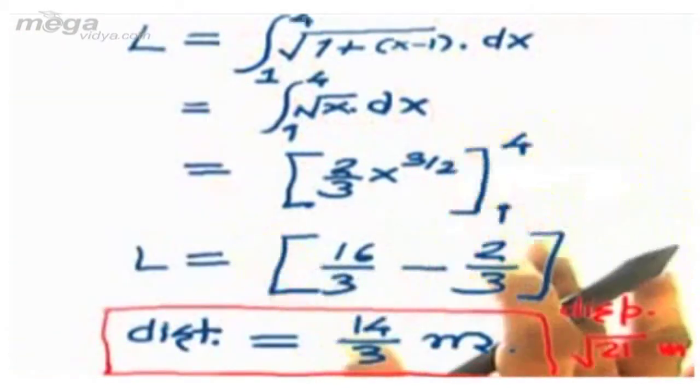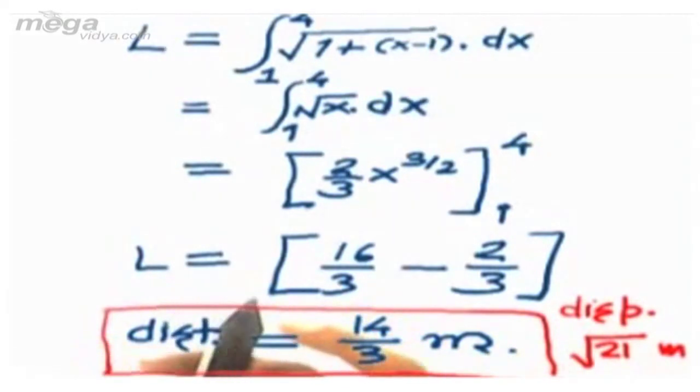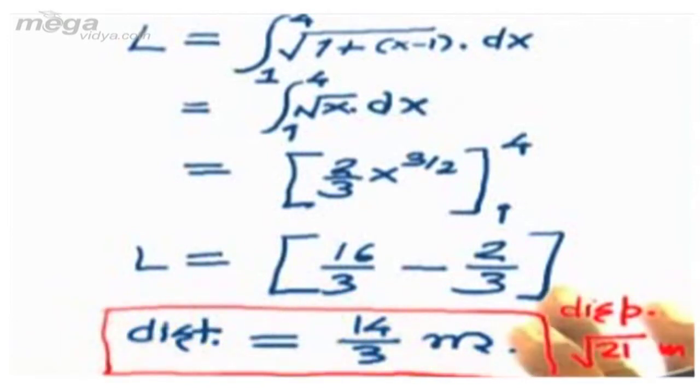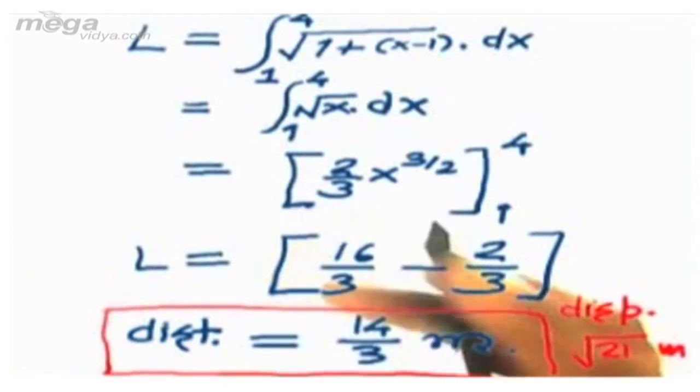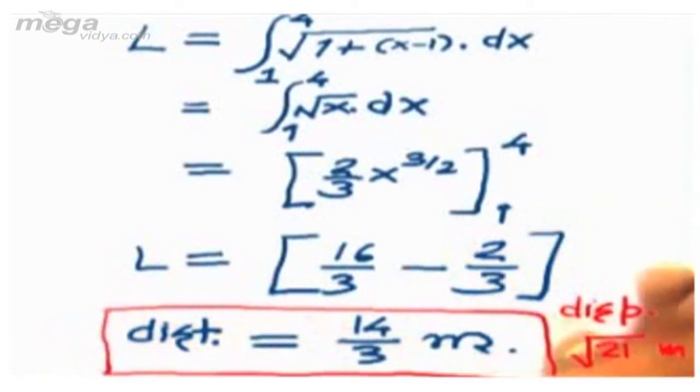By following this method we got the distance traveled by the particle and the displacement of the particle as well. So using this trick you can get any distance or displacement traveled by a particle if its equation of path or equation of trajectory is given.